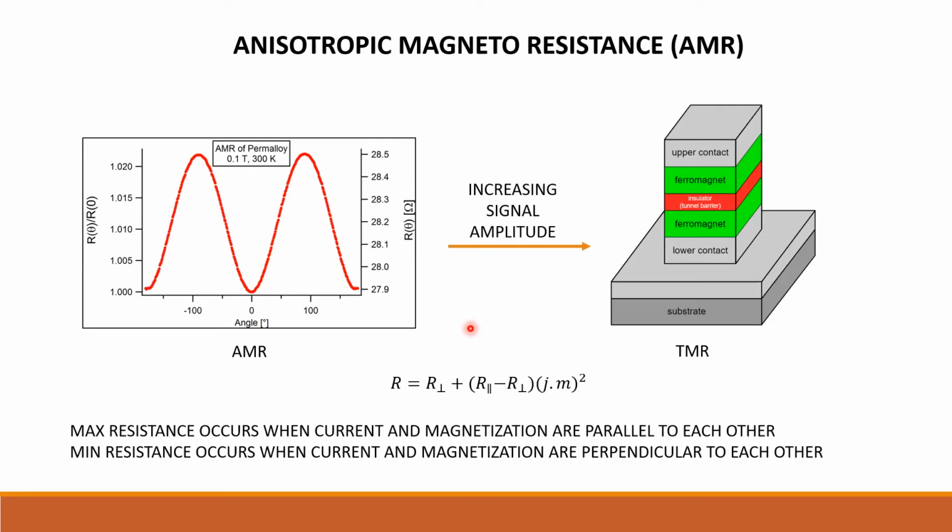There are various ways for the manipulation of magnetization. For example, you can rotate your sample while keeping the externally applied magnetic field constant in both magnitude and direction.